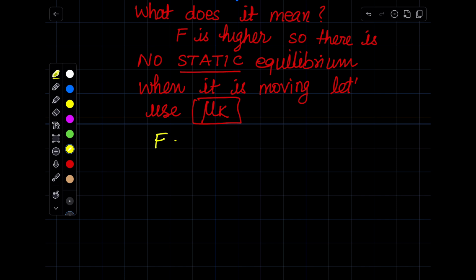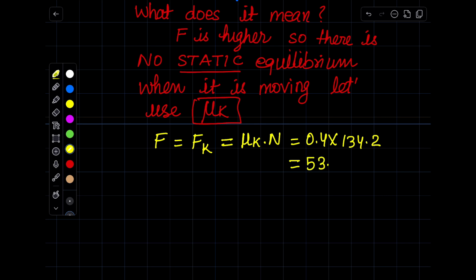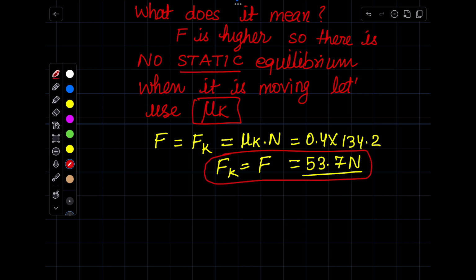Since we came to know that the block will move, we will take help from the kinetic friction coefficient to know the exact value of F. How can we calculate it? F is equal to the kinetic friction coefficient multiplied by the normal force, and thus we received the value F equal to 53.7 Newton.